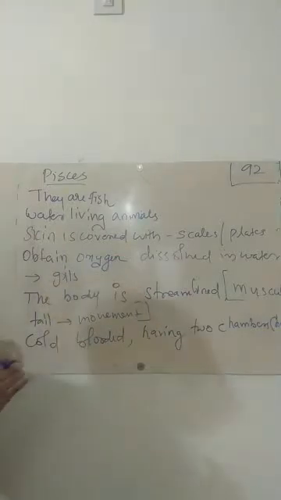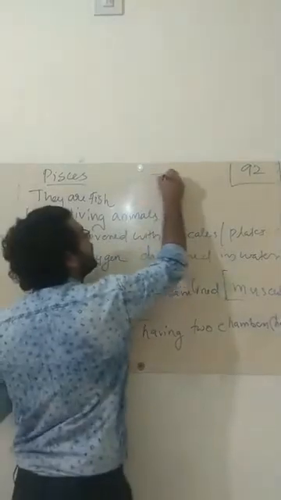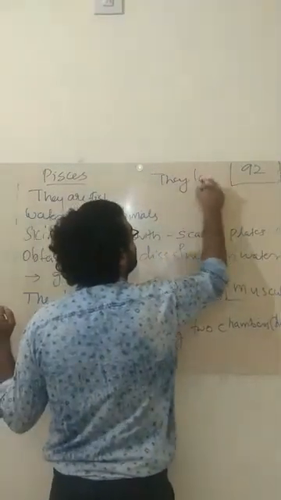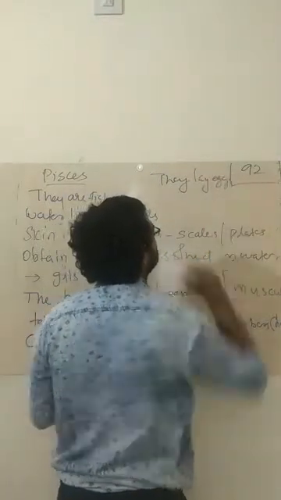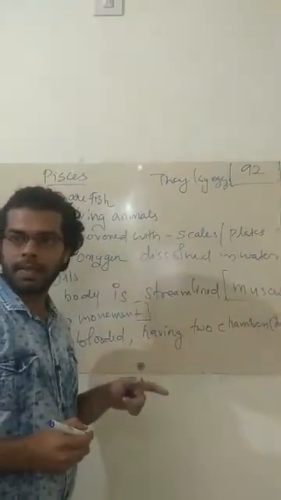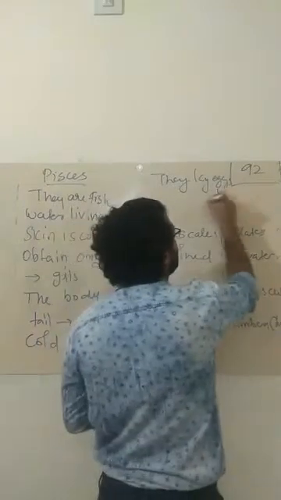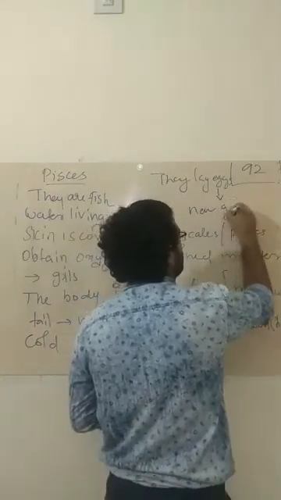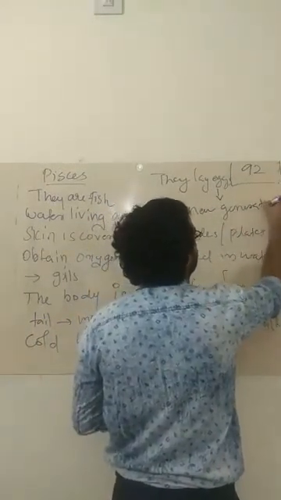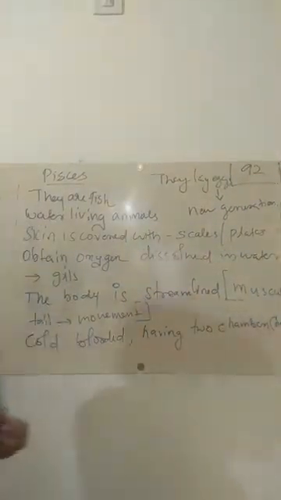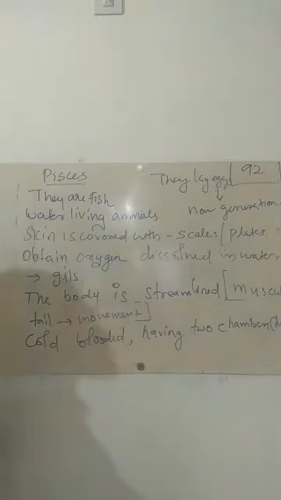The main specialty is they lay eggs, and from the eggs the new generation will form. So what we have said about the pisces: they are mainly fish, exclusively water living animals, and their skin is covered with scales or plates.